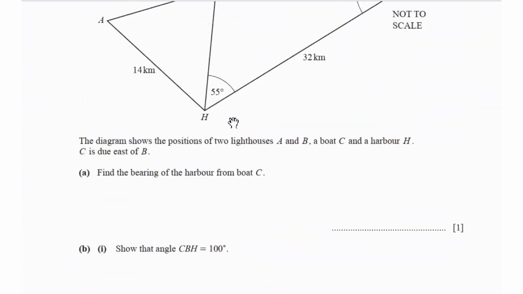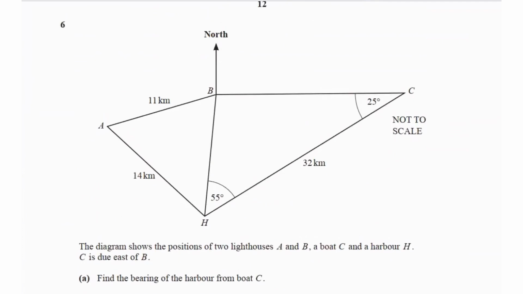Then part C says calculate the bearing of A from B. A from B. So this is the bearing that they want. We know that this angle is 100. We do not know this angle. We know this is 90.